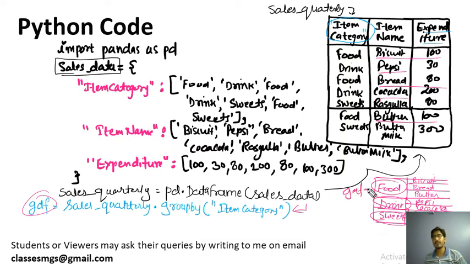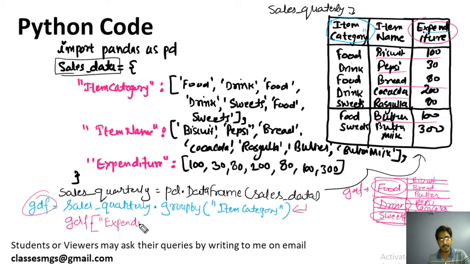Now what we will do, we will apply our sum function, an aggregate function, to calculate the expenditure category-wise. First we have created the group, GDF. Now we will write the column name, expenditure. This is the syntax.